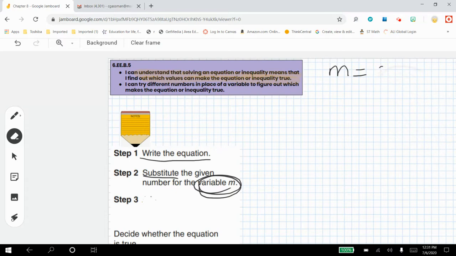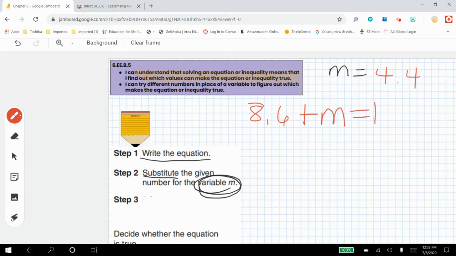Now, what if I tell you that m is now worth 4.4? Let's take the same equation. I've got 8.6 plus m is supposed to equal 13. Now instead of m, I'm going to put 4.4. So this is 8.6 plus 4.4.